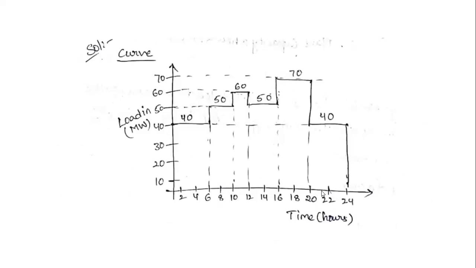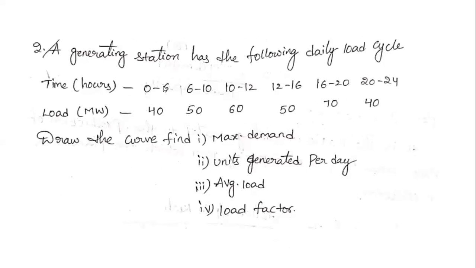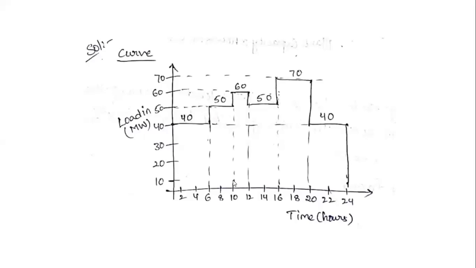This is the load curve graph that will be drawn between time and load. On the x-axis we consider the time, on the y-axis we consider the load. From the given table, the load curve will be drawn like this.